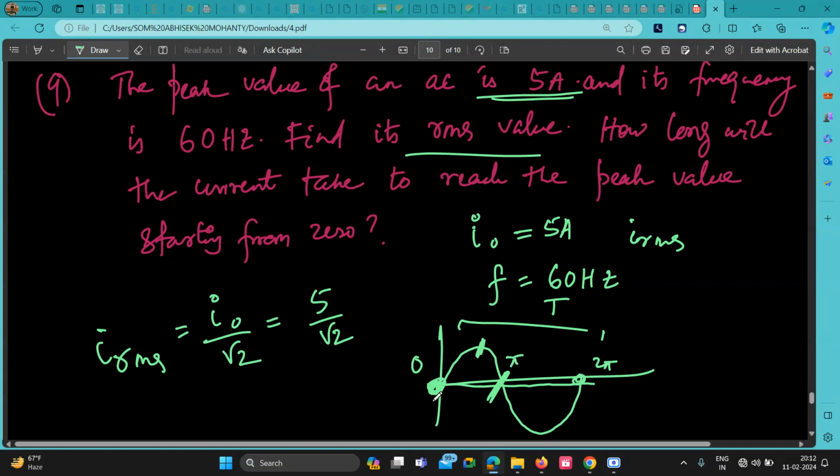So how much time does it take to reach from here to here? T by 2. Peak is the half of this half. If pi is the half, peak is pi by 2. Half of half, that means half of T by 2. So this is your T by 4. So it takes T by 4 time to reach the peak value.